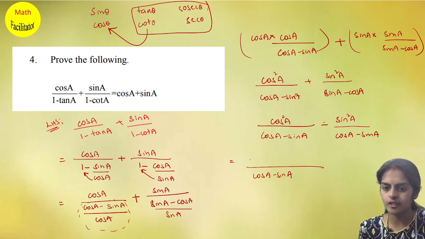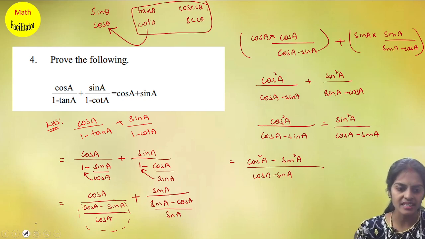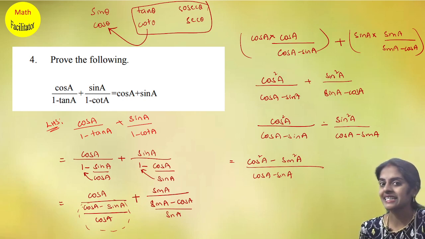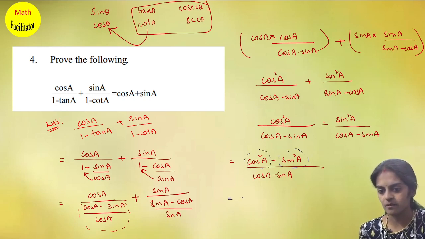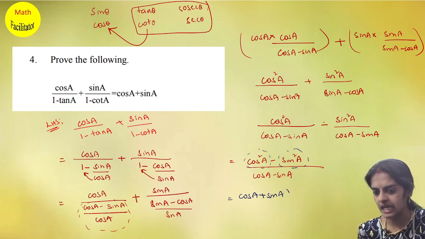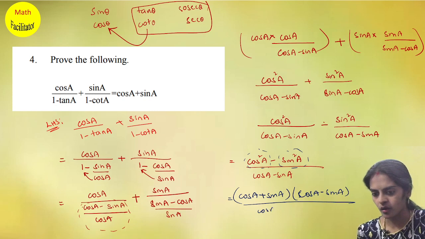And the numerators also as it is I can write, cos square A minus sin square A. Now if you observe the numerator, it is like A square minus B square. It is nothing but (A plus B) into (A minus B), divided by cos A minus sin A.